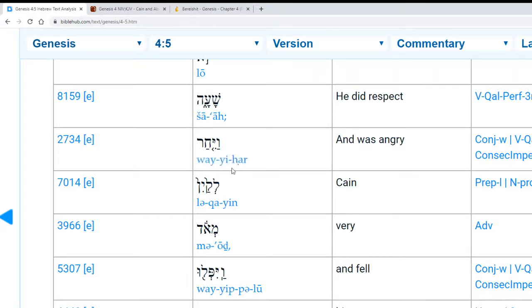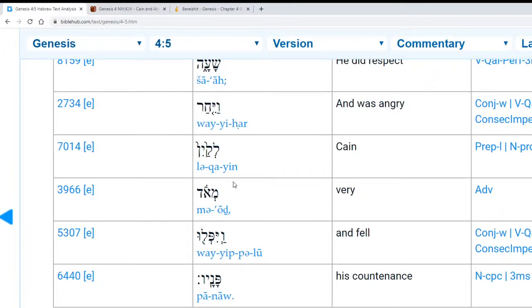Okay. Vayihar lekain, right? So that is the prepositional lamed. So, and this angered Cain, me'od, adverb very. And we'll have that word.